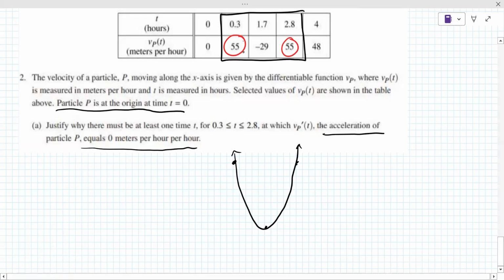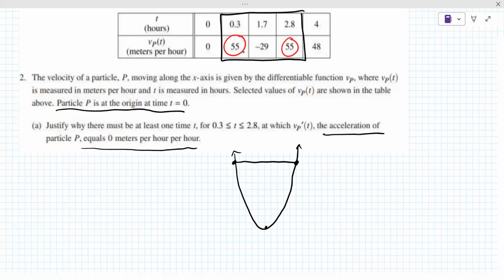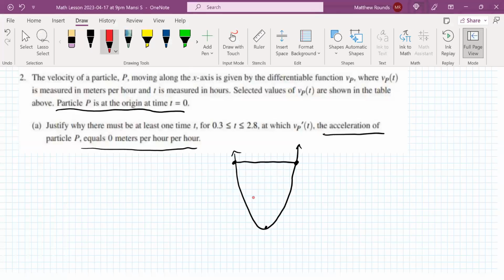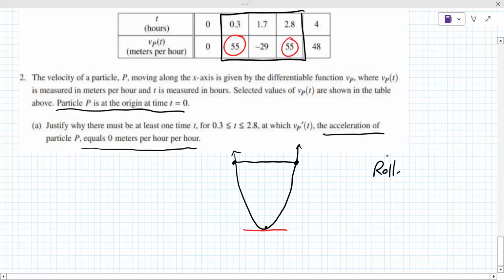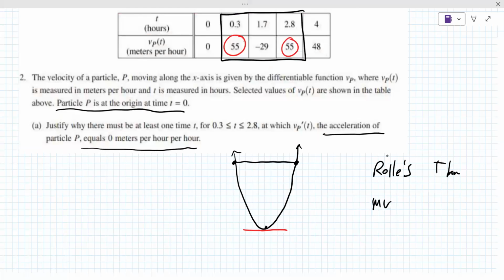So what that means is they started and stopped at the same height. So there must be at least one place where, like you said, the horizontal tangent is 0. And you'll see this on there, you're either going to get a Rolle's theorem or a mean value theorem on there, not the DMV, but MVT.